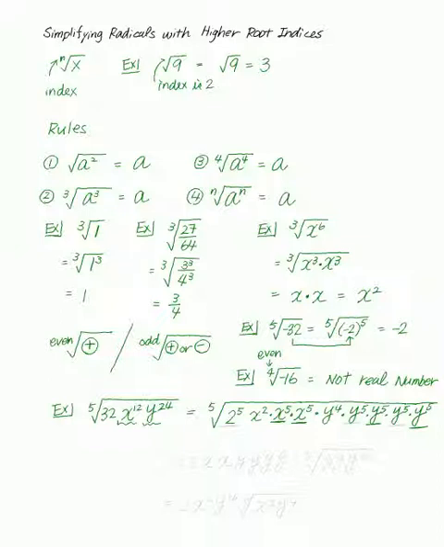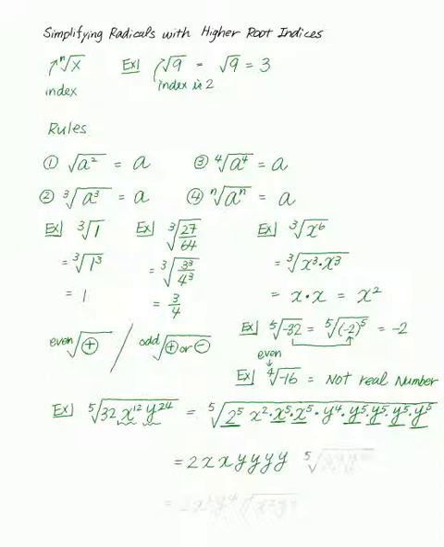Now, I'm going to notice here that all of the fifth power ones all get to come out, including the x, and 4 of the y's. So I end up with 2 times x times y 4 times. Notice their exponents are gone.